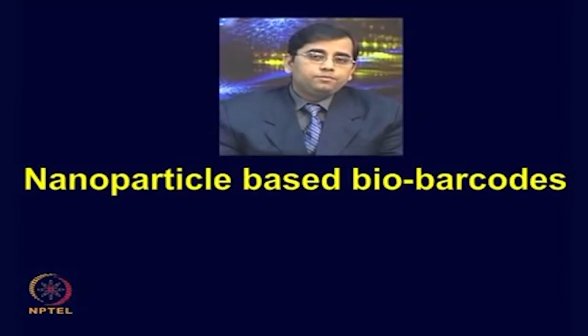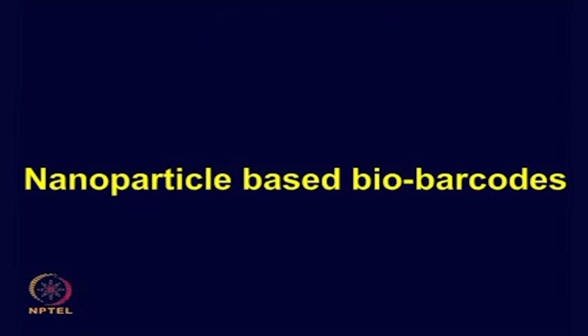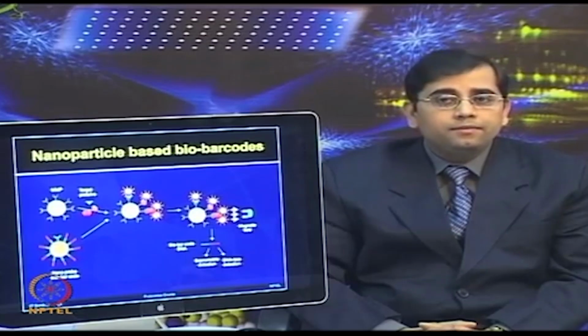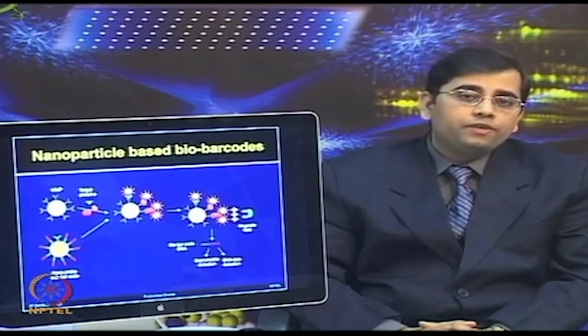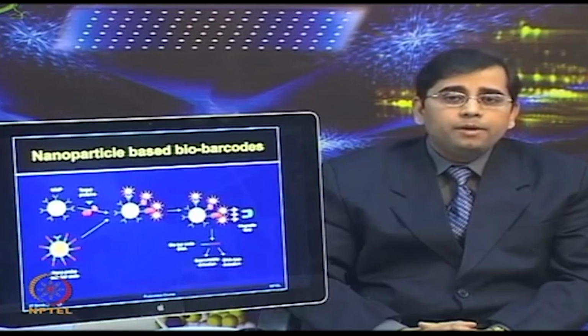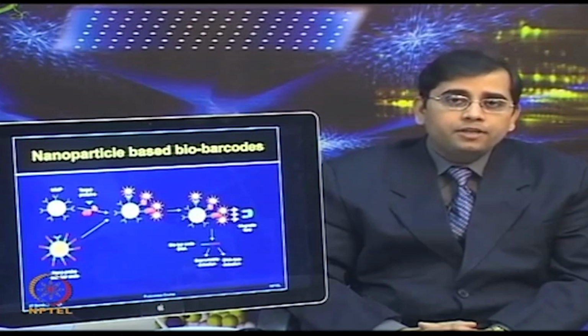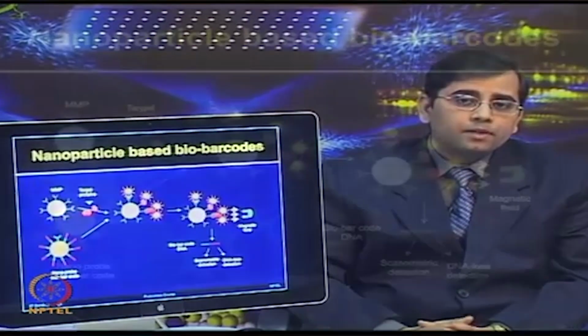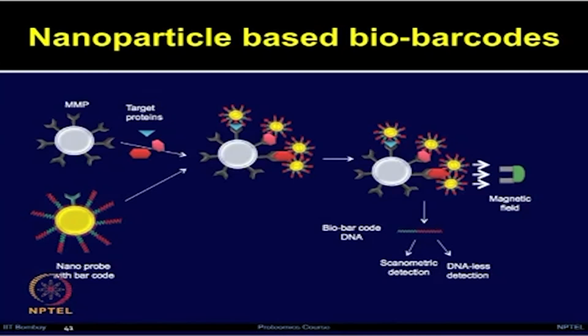Let us now discuss nanoparticle based biobarcodes. The nanoparticle probes encoded with DNA unique to the protein of interest, and suitable antibodies capture the magnetic microparticle probes, or MMPs, having antibodies for the target analyte, thereby sandwiching the target protein, as you can see in this slide.